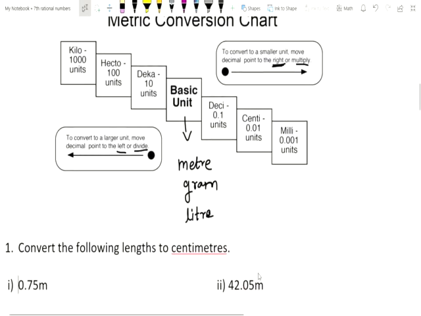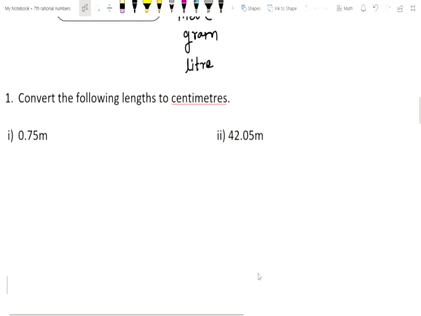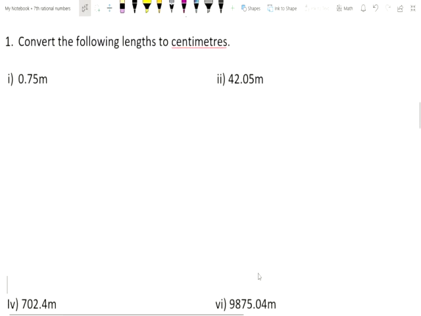The next one, the first question: convert the following length to centimeters. 0.75 meter. What unit is given here? Meter is given, so we are going to convert into centimeters. You want to know the relation between meter and centimeter.